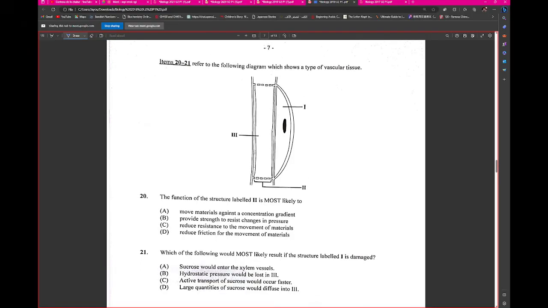The function of the structure labeled 2, what is that? This would be C, right, guys? Can you hear me?